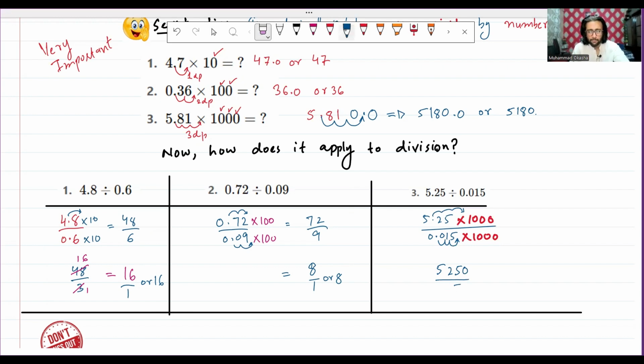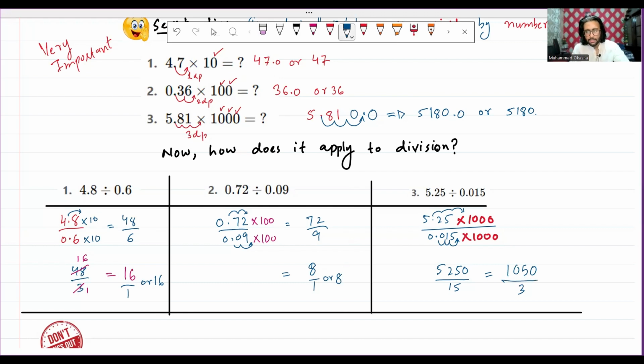I think you could divide both sides by 5. So you'll be left with the denominator 3, and the top will be 1050. Yeah. Okay. You can double check on the calculator as well.